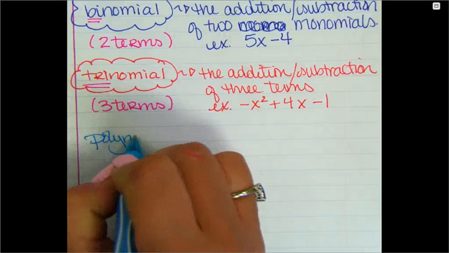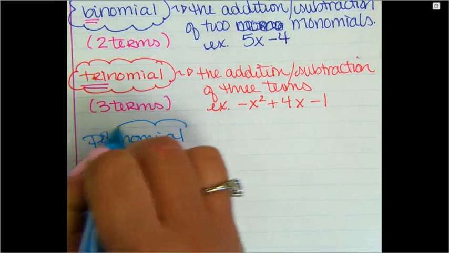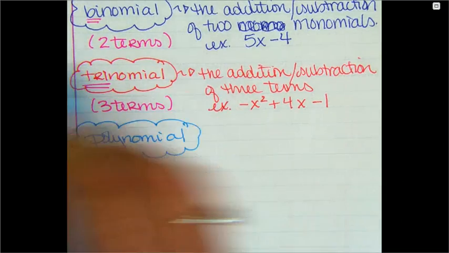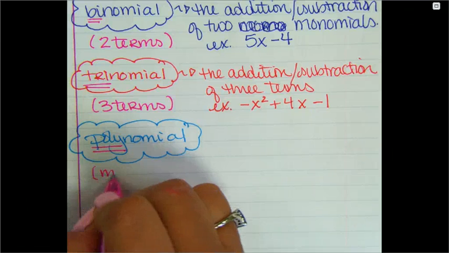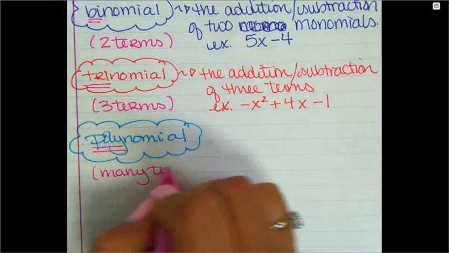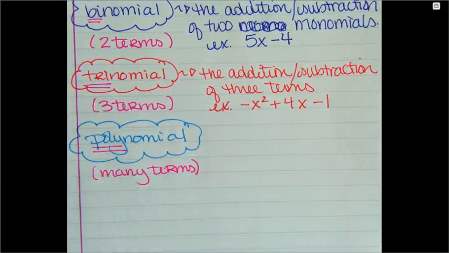Next, we have the word polynomial. Poly means many.